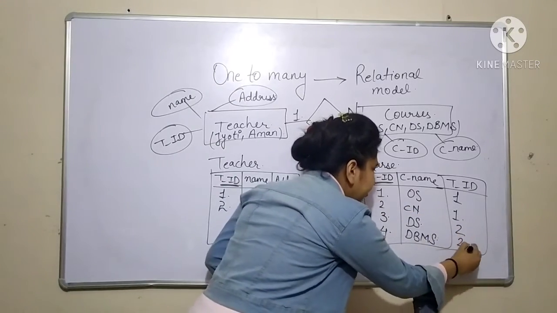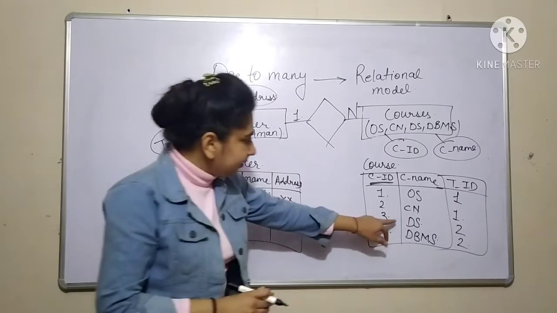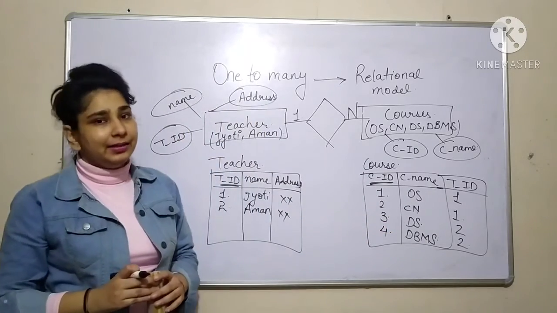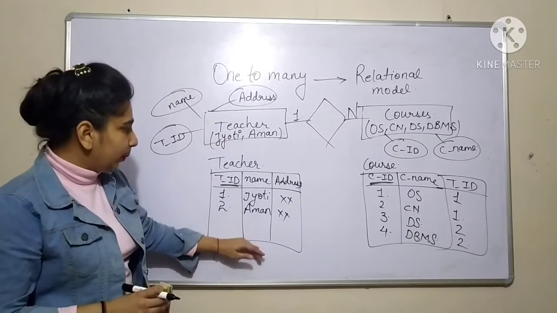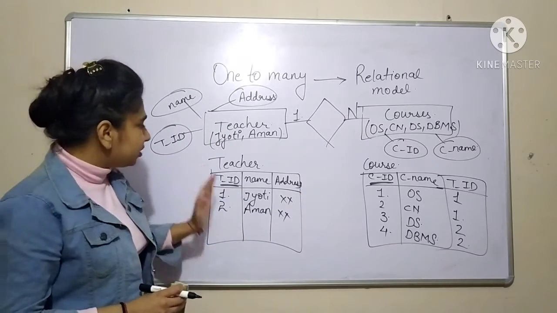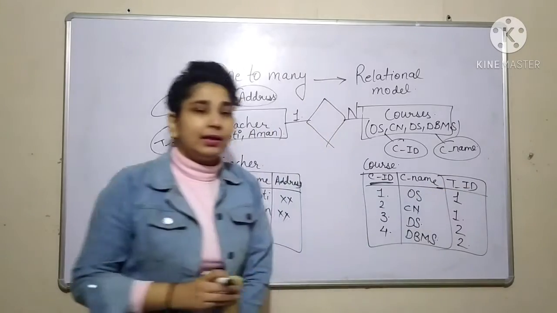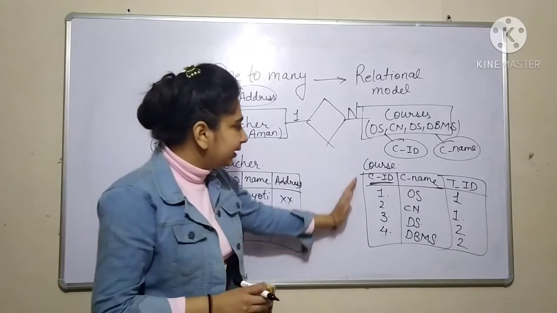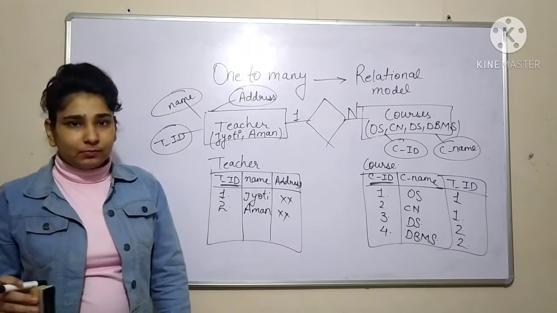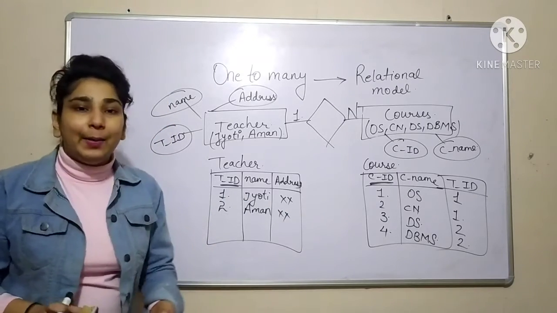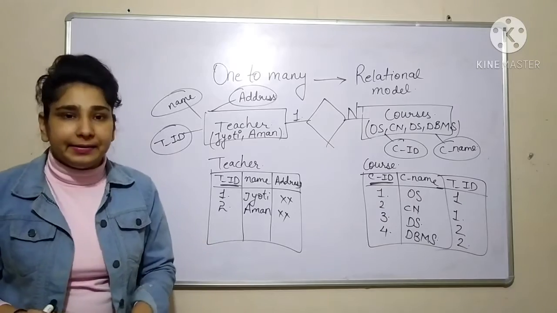Teacher ID 2, Aman, is teaching data structures and DBMS. In this way we can use teacher ID as a common attribute in the course table. Now check for the other side.